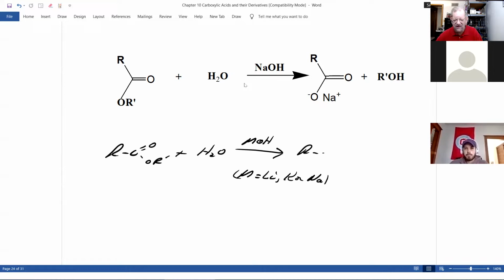And you get back the carboxylate anion of the carboxylic acid you would have used to make that ester, plus the alcohol you would have used to make that ester. Yeah, and this is an important reaction because for many eons, this is how soap was made.